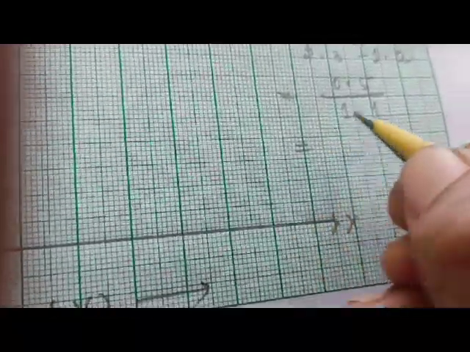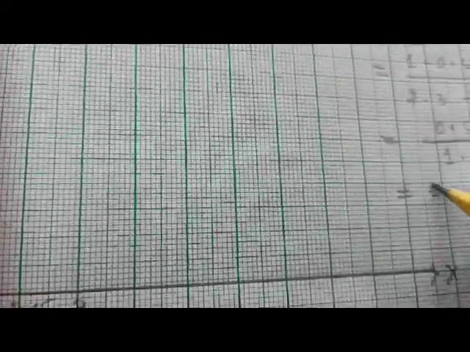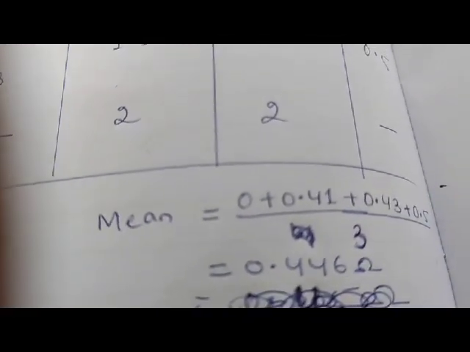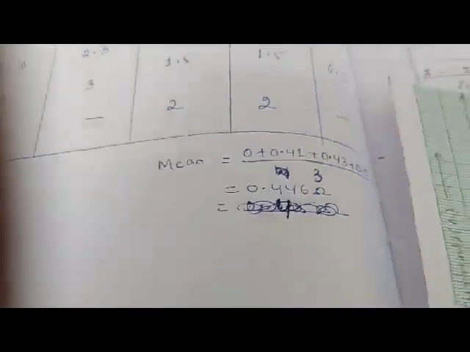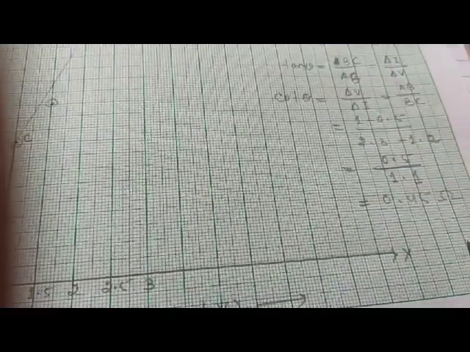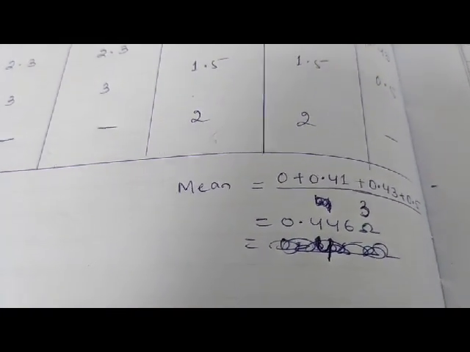And if I divide this, this value is coming as 0.45 ohm. And as we have found, after dividing by 3, it is coming as 0.446 ohm. So almost we are getting the same value, 0.45 and 0.446 ohm.